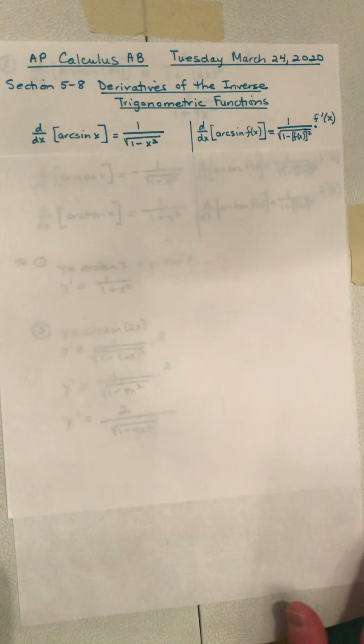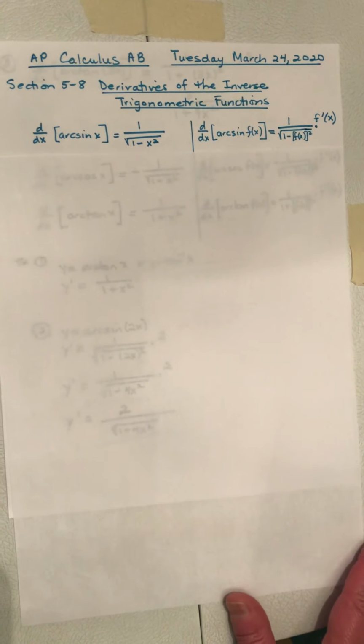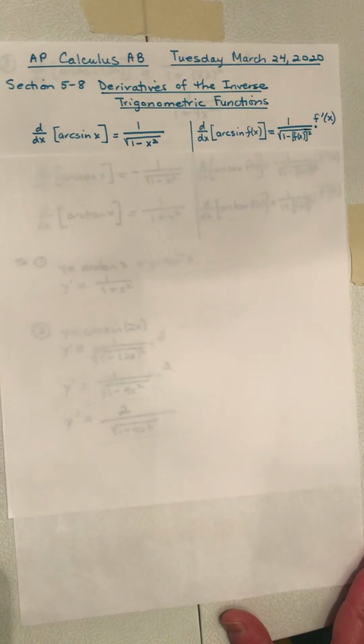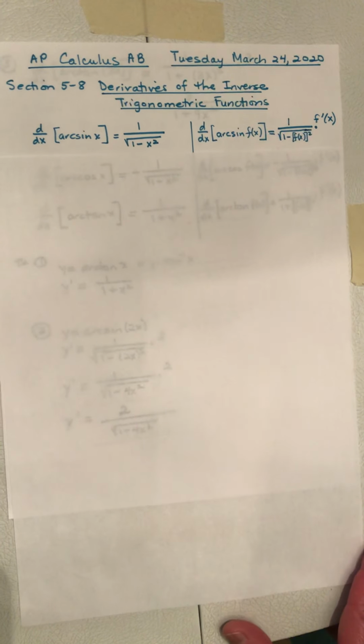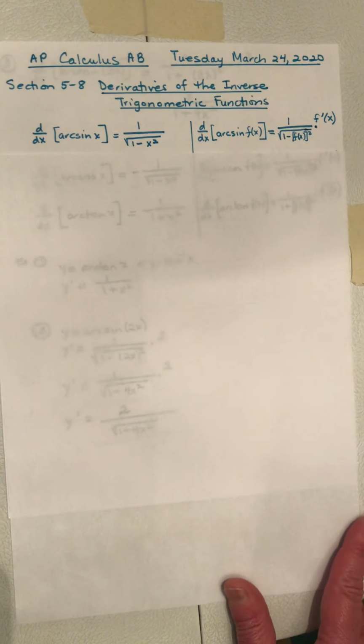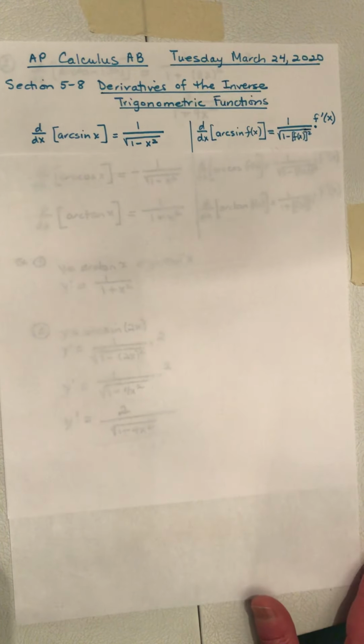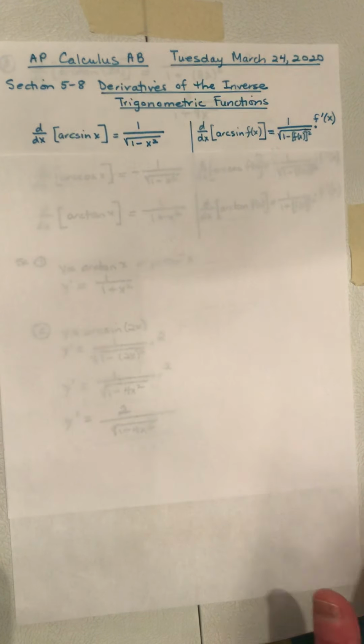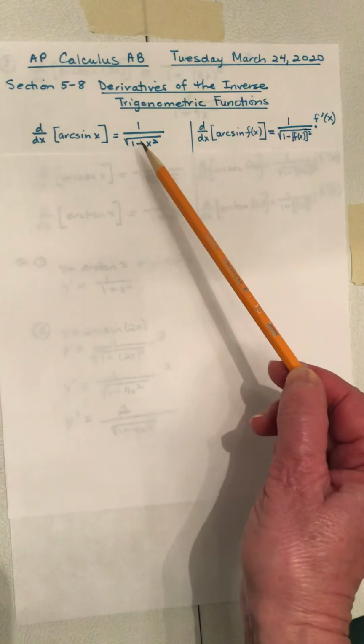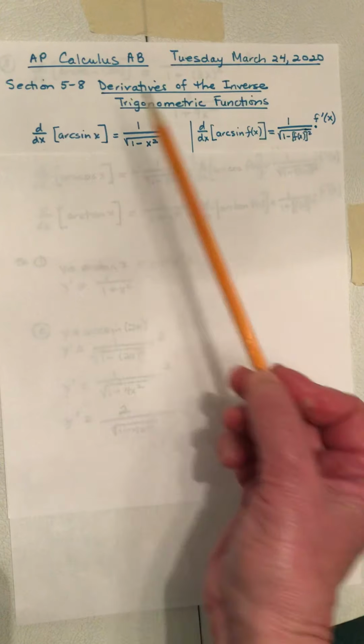What I'm going to do is just give you their derivatives. There is a Khan Academy video which does develop how these derivatives came about. So if you're interested in that, at the end I'll tell you what the title is so you can go look and see why the derivative of arc sine is 1 over the square root of 1 minus x squared. So that's what we're looking at.